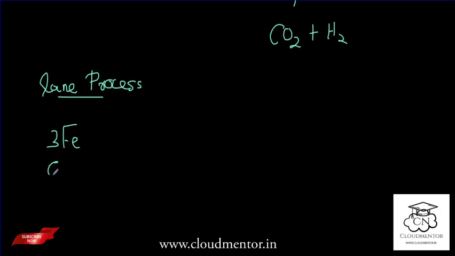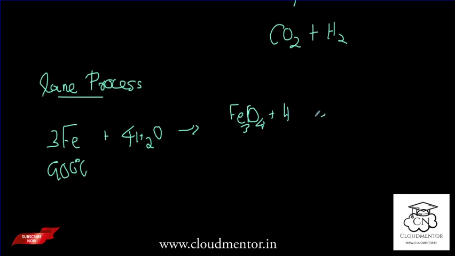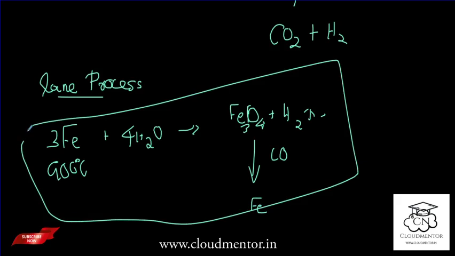This iron is heated to almost 900 degrees Celsius and reacted with superheated steam, and gives Fe3O4 and hydrogen. And this Fe3O4 can be reduced by passing carbon monoxide over it, which reduces it to iron, Fe.